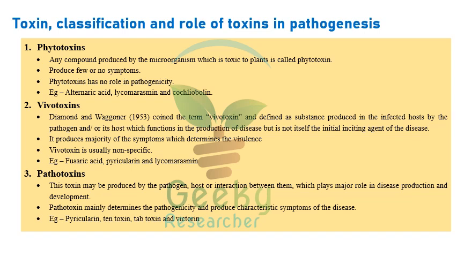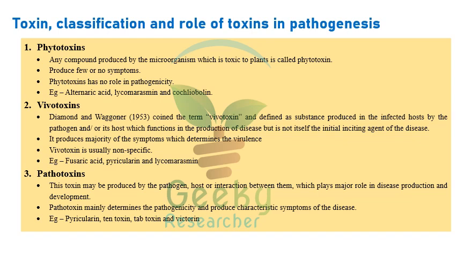When it comes to vivotoxins, fusaric acid, pyrrolidine and lycomarasmin are all vivotoxins. The term vivotoxin was coined by Diamond and Wagner in 1953. When it comes to pathotoxins, pyrrolidine, tentoxin, tabtoxin and victorin are all pathotoxins.